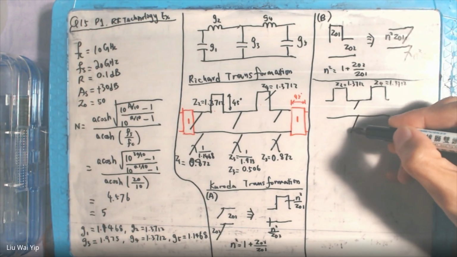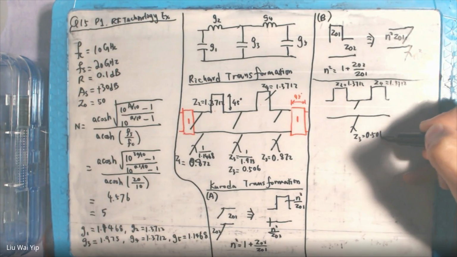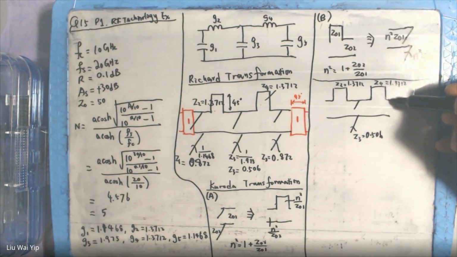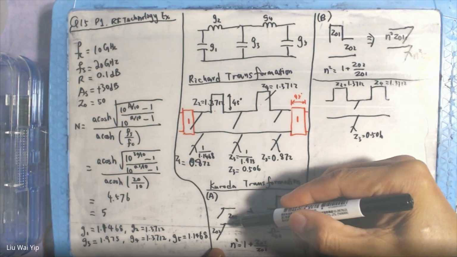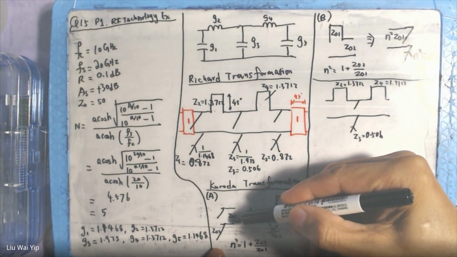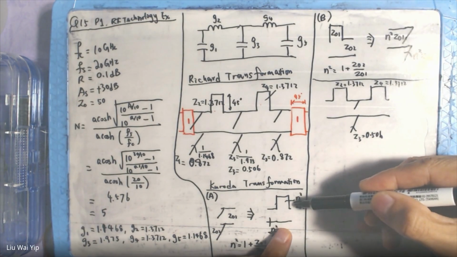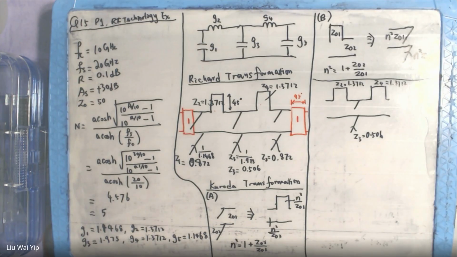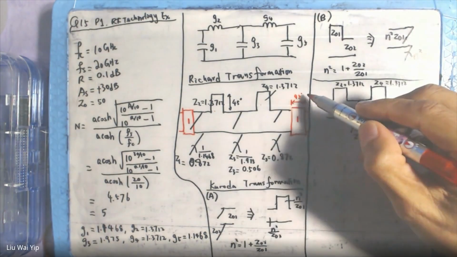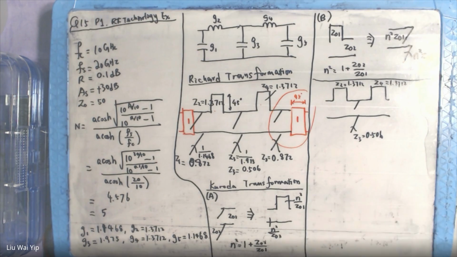This one will remain unchanged. Now, under the knowledge we have gotten from here, we can change it to here. Yeah, this group. This group here. We can use this identity to change it to a short circuit stub.